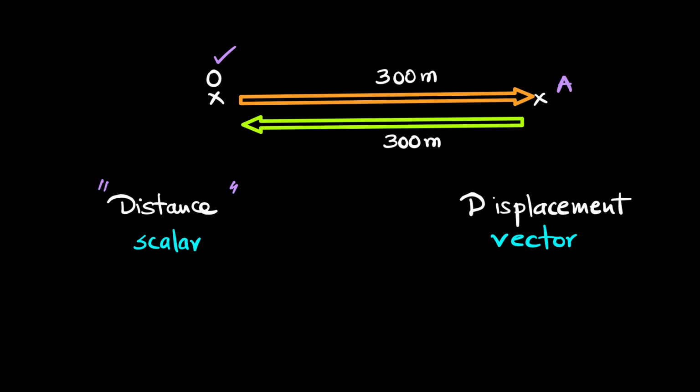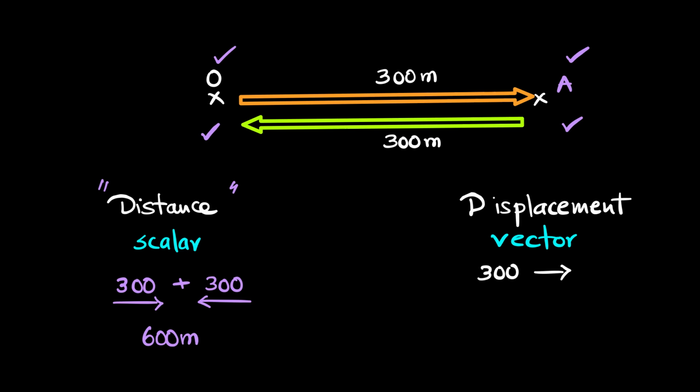Let's call this point A, and then A all the way back to O. So the person has traveled 300 meters in one direction and then 300 meters in the other direction. So the total distance adds up to 600 meters because we are not taking care of the plus and the minus sign.